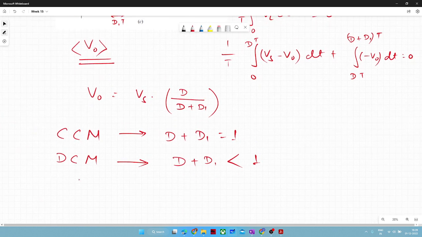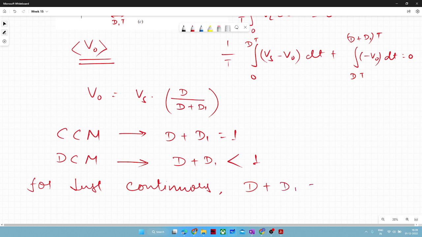Now at the critical point for just continuous mode, if we want a just sufficient value of inductor which will enable the circuit to operate in just continuous mode, that expression will be d plus d1 is equal to 1.